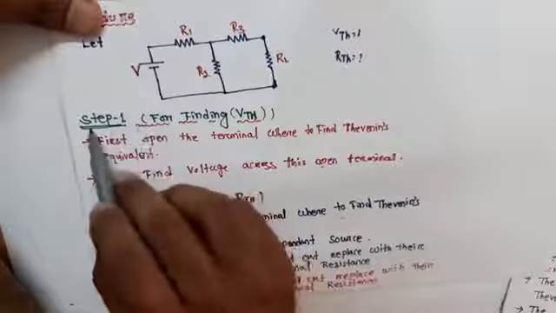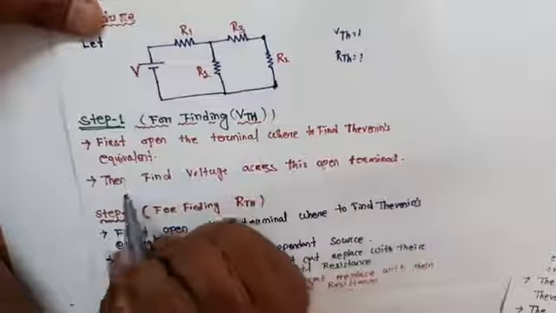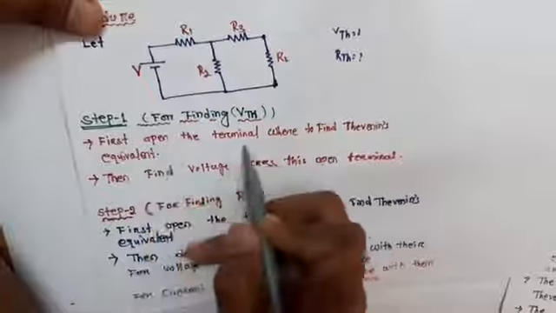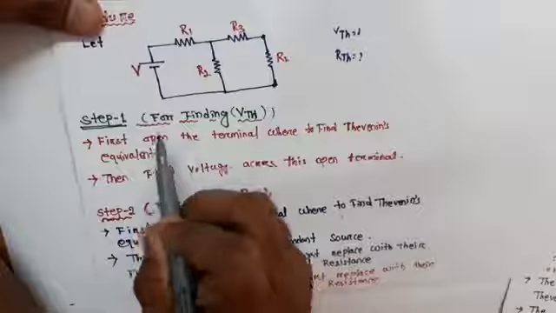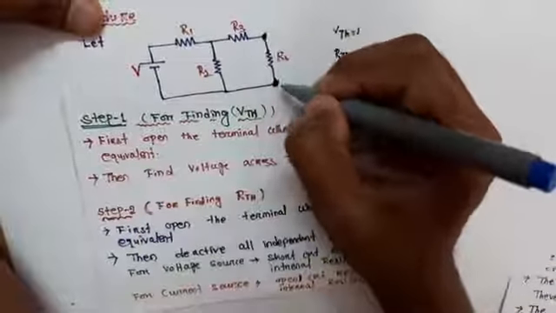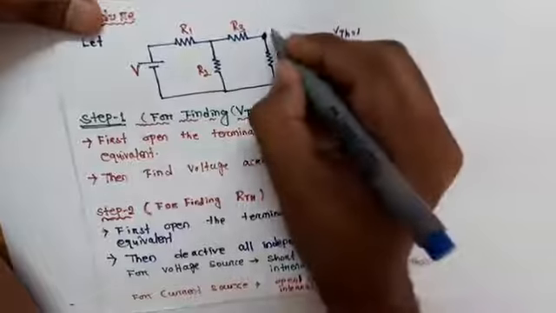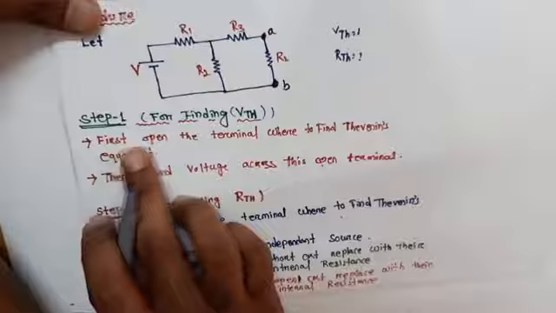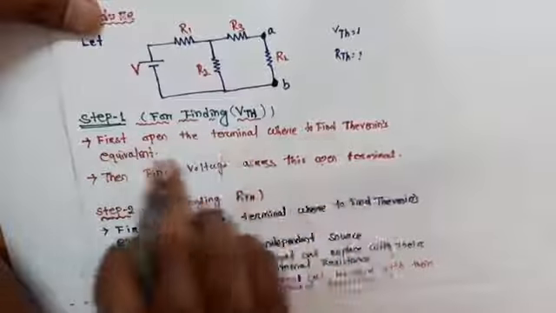For step 1, finding VTH, we first open the terminal across which we want the equivalent. Our objective is to find Thevenin's equivalent across RL. Let this be A and this be B.